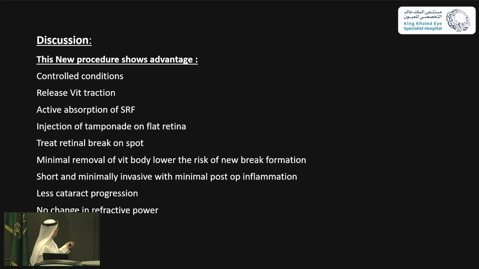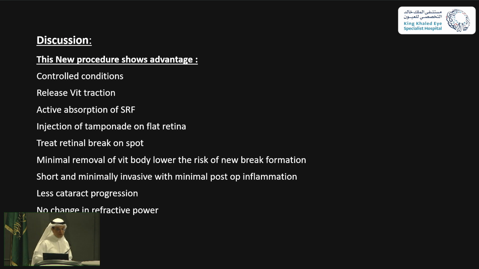And then we actively absorb, and then we treat the retinal break, and with minimal removal of the vitreous body, it lowers the risk of new break formation. This is what makes this more advantageous than pneumatic, because if you keep the bulk of the vitreous as it is, pushing upward, it will pull the vitreous from downward. So it may create breaks.